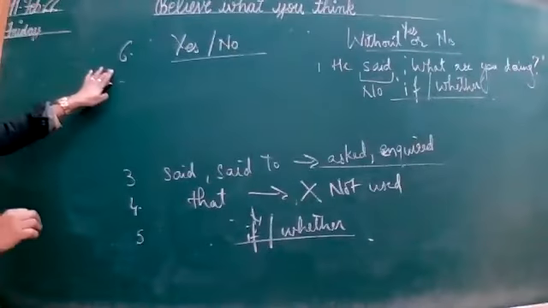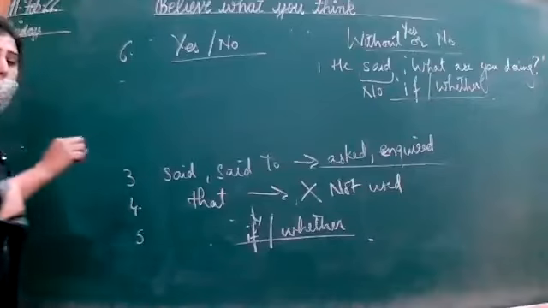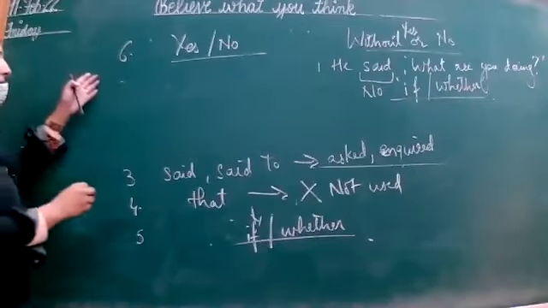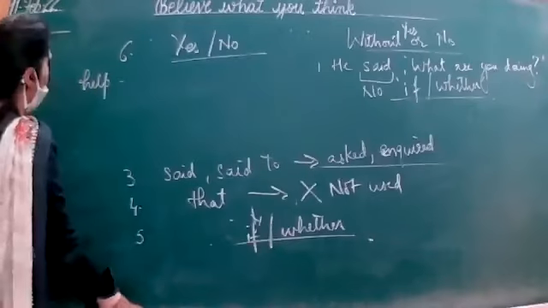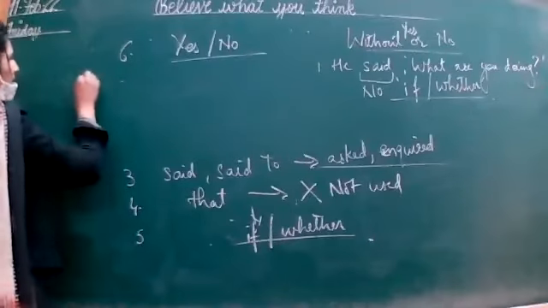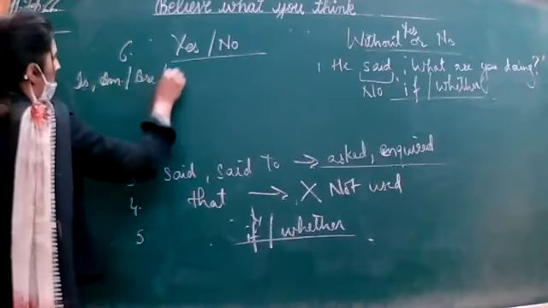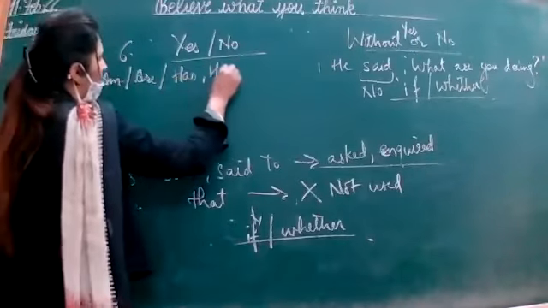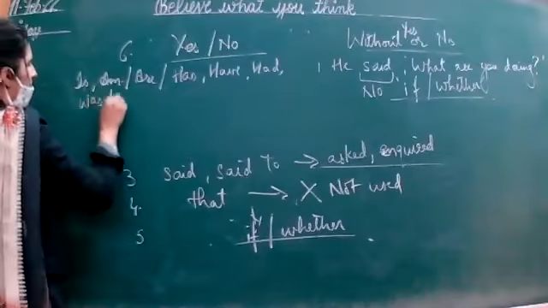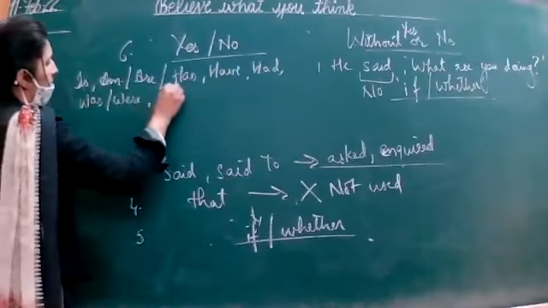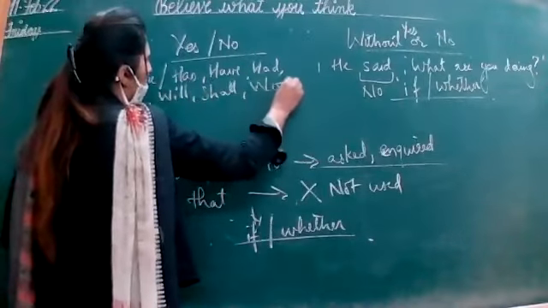Now, yes or no questions. Mainly these questions start with helping verbs. For example, which type of helping verbs? Is, am, are, has, have, had, was, were, and modal auxiliaries will, shall, would, should.